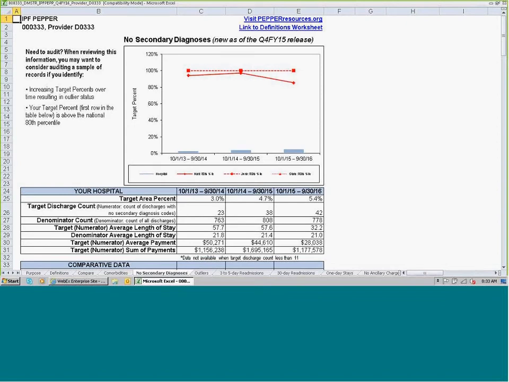So this particular IPF has a very low percent of claims that do not have any secondary diagnoses coded. That would be interpreted as a good thing because they are doing a good job at coding additional diagnoses.